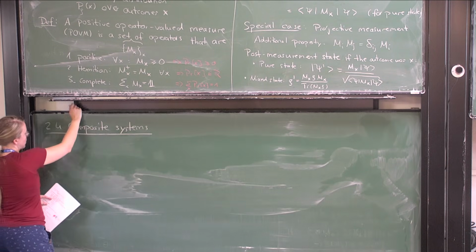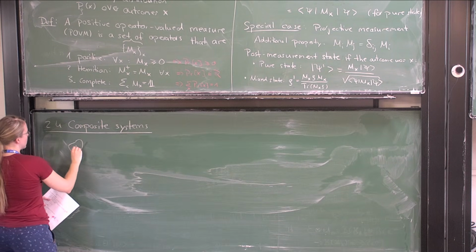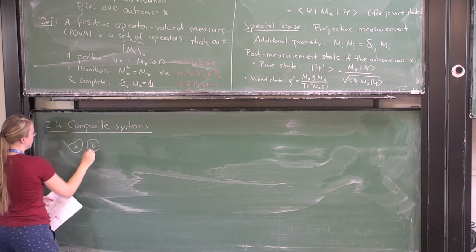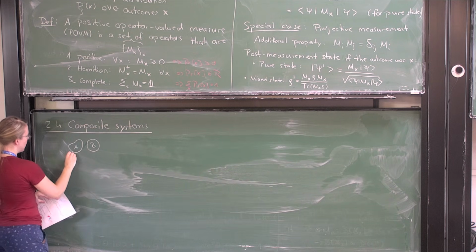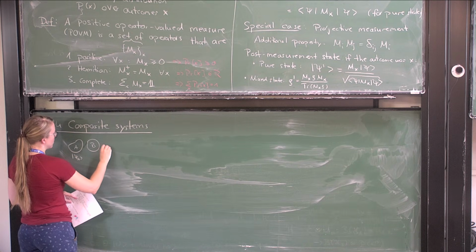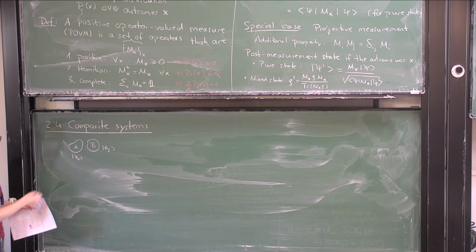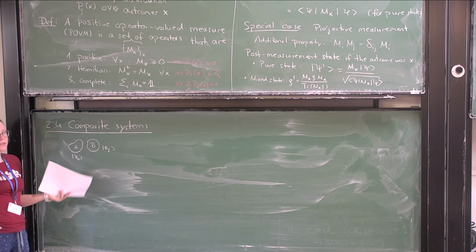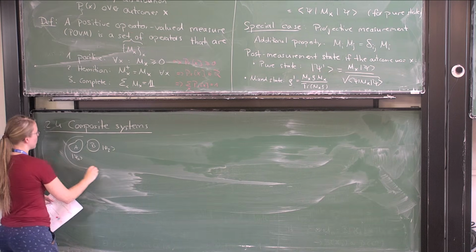Basically, you want to describe the two quantum systems, so A and B. System A is in some state psi A, B is in some state psi B. And you want to describe them simultaneously with one quantum state that captures both of them.